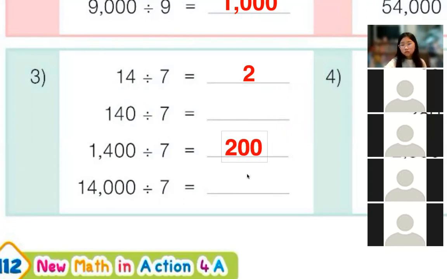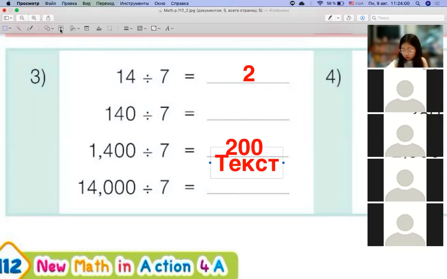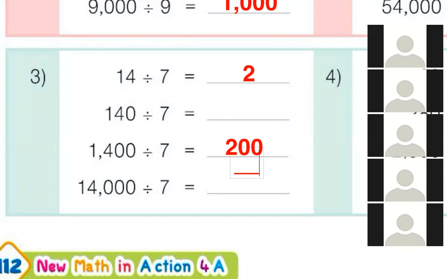Yes, 200. That's right. 200 because here we have only 2 zeros. Yeah, don't forget, we have to transfer 2 zeros. Okay, next, Tete, one more.